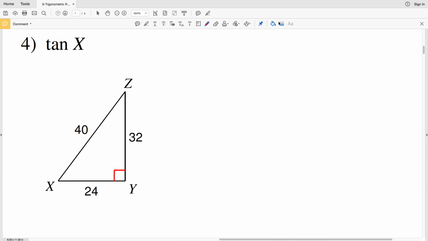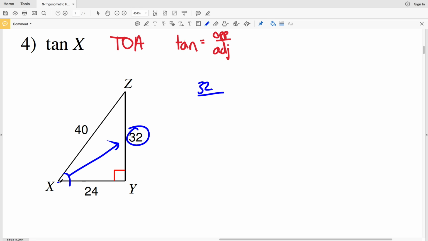In number 4, we're looking at the tangent of X. Tangent, think TOA. So tangent equals opposite over adjacent. Opposite, adjacent, O and A. So X is this angle here. Opposite X is 32, and adjacent X is 24.